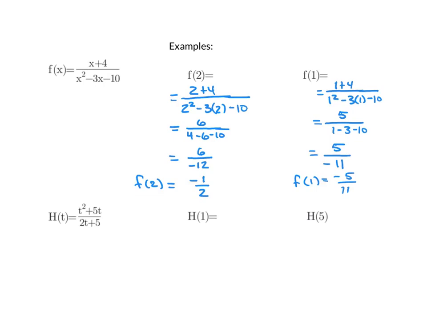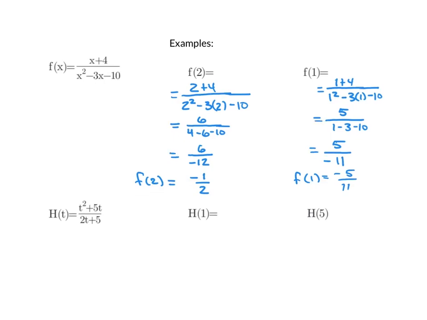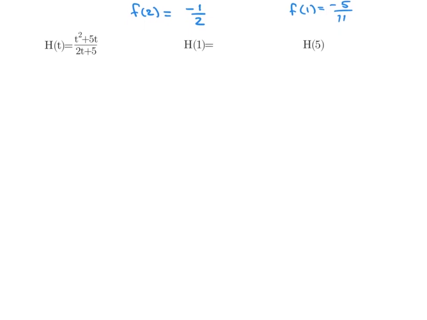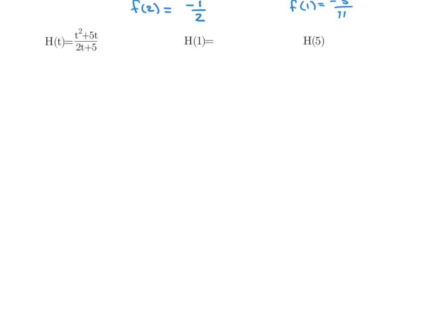All right, let's try another example. Let's look at another function. If we look at h of t, we have t squared plus 5t over 2t plus 5. So h of 1, if we plug in 1, we get 1 squared plus 5 times 1 over 2 times 1 plus 5.